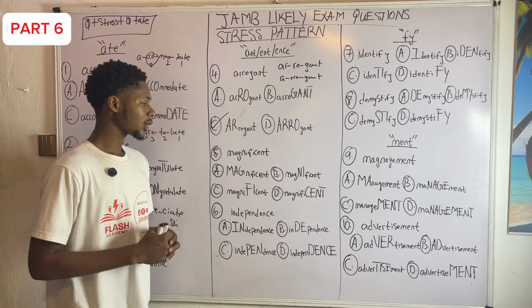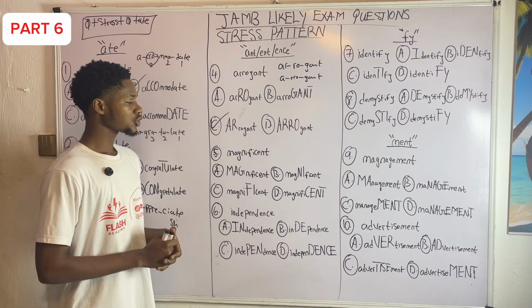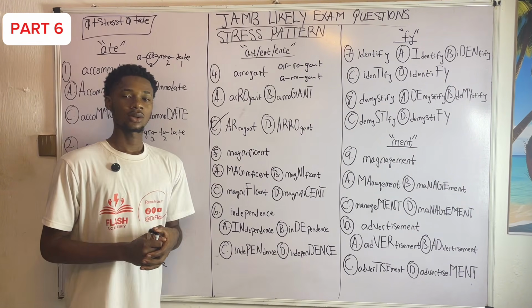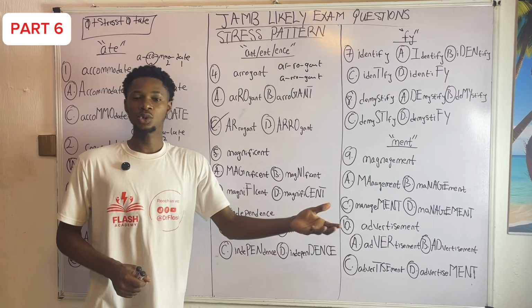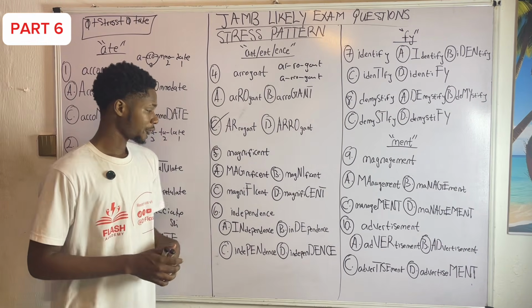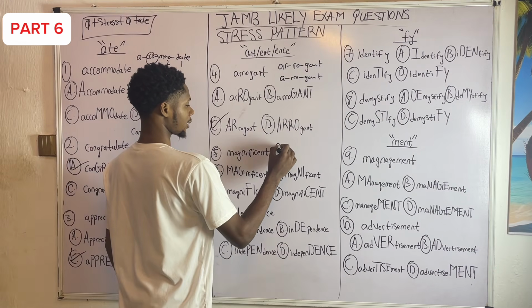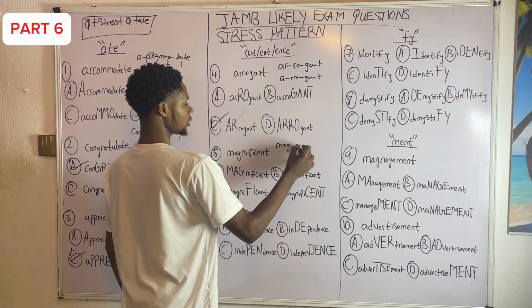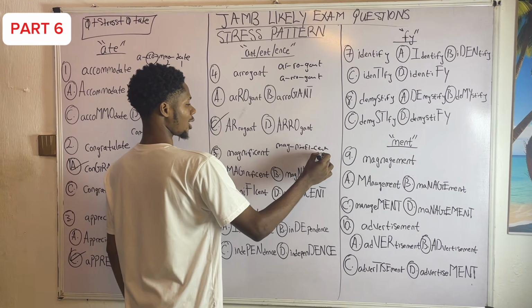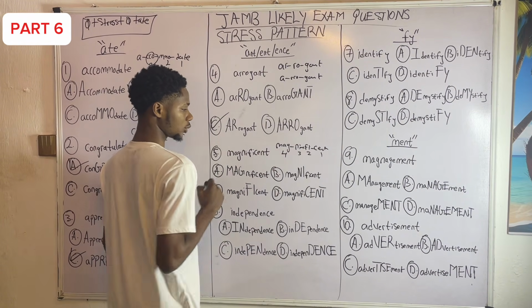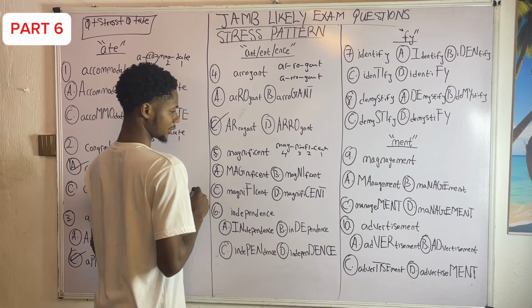Now we have another one, magnificent. How do you stress magnificent? CENT is what it ends with. So we have ENT, and according to this rule, words ending with ENT must be stressed on the third syllable from the last. So we have mag, ni, fi, and then cent. We have 1, 2, 3, and then 4.